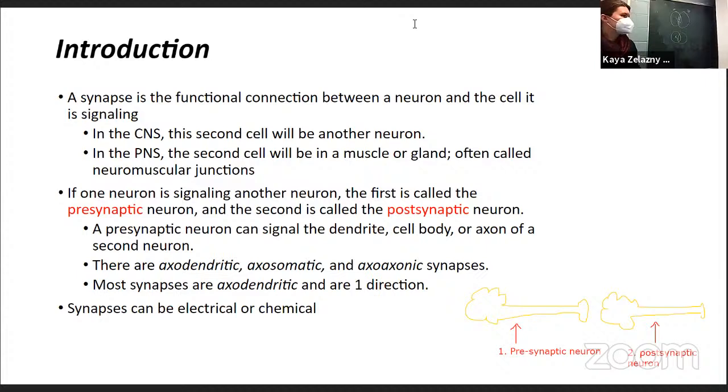Does the postsynaptic neuron, when it transfers it to another, become a presynaptic neuron? Or is this just the way to tell between two neurons? This is the way we talk about it when we're referring to what's going on at a specific synapse.